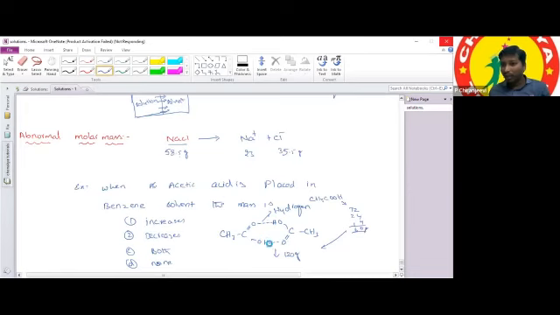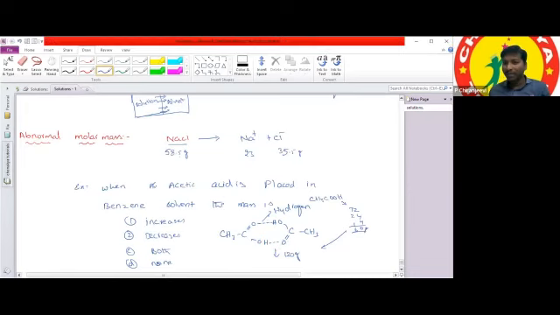Due to the presence of the hydrogen bond, it exists in a dimer formation. That is the reason. Got it?